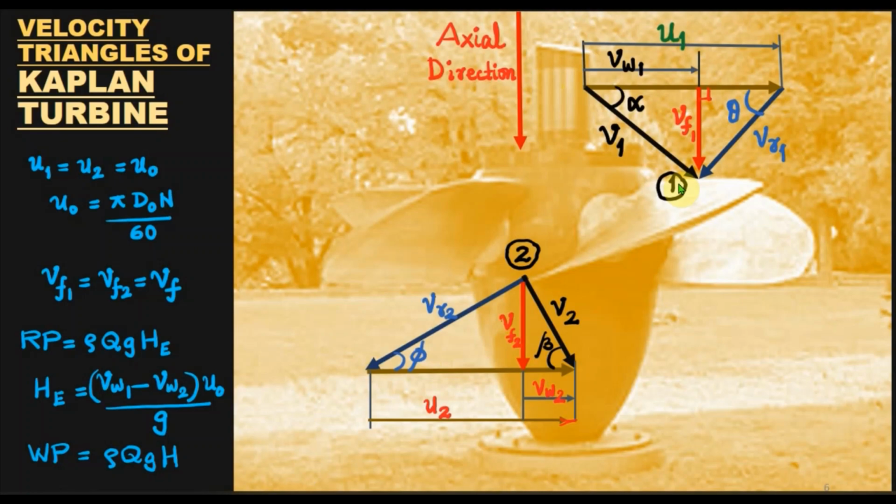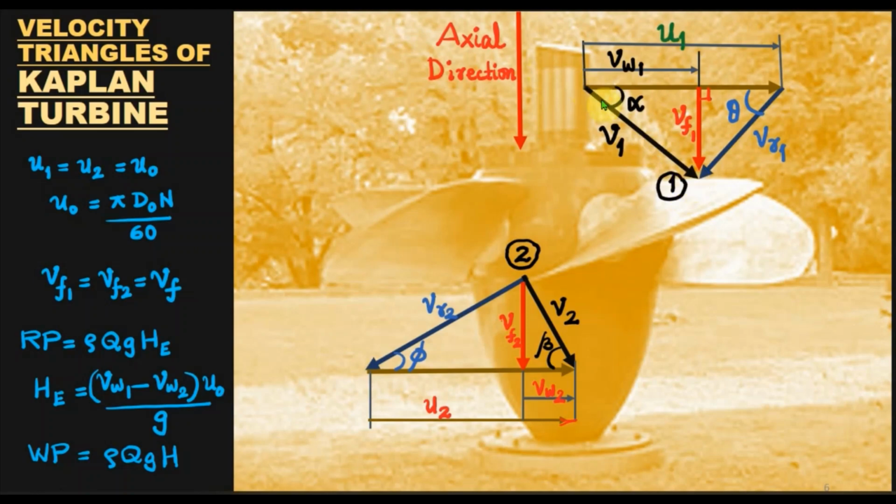If you want to have a shockless entry, the relative velocity must be tangential to the blade surface at inlet. That's how VR1 is shown like this. This VR1 must be the vector difference of v1 and u1. So if you want to have VR1 in this direction, then the guide vane should direct the flow of water at an angle alpha, the guide vane angle, to the runner vane.